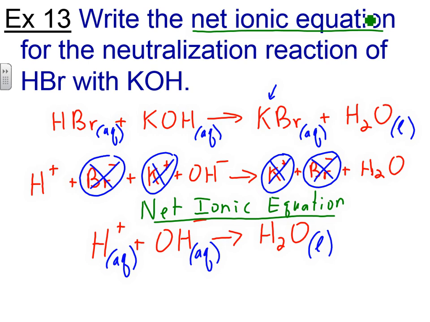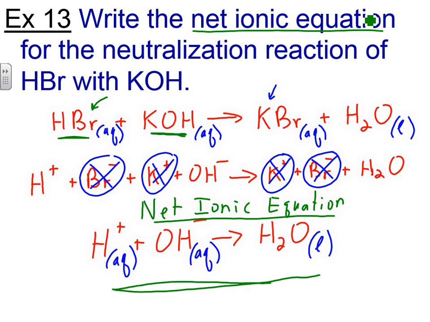Now we knew that this was aqueous because potassium is always soluble. We knew that this was aqueous because acids are aqueous, or you can also think that bromides are always soluble unless you're with one of the 3 robbers. Remember, silver, lead, or mercury. In this case, it's aqueous. So based on solubility rules, the first 2 reactants were soluble, and that's what made this net ionic equation nice and simple.